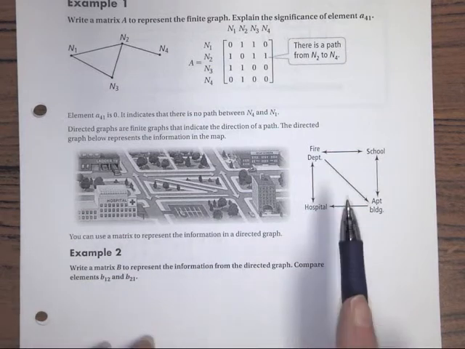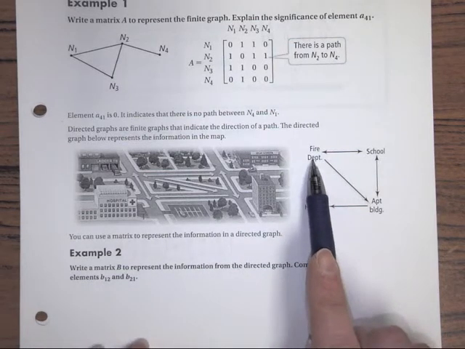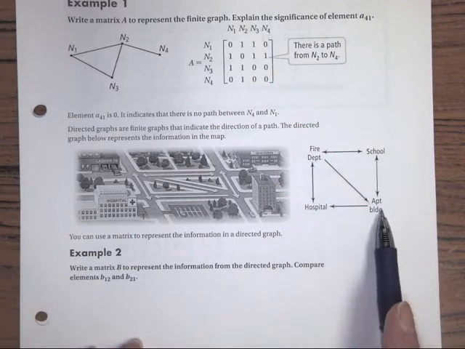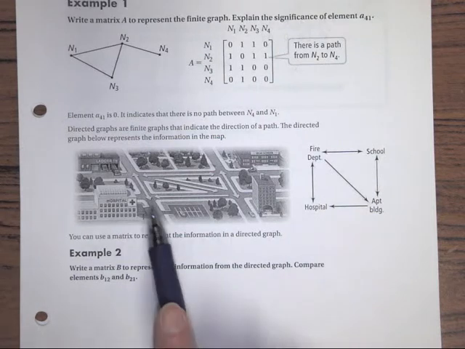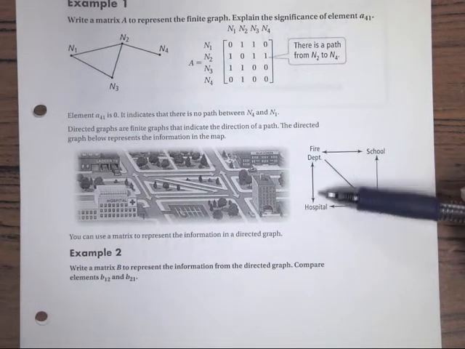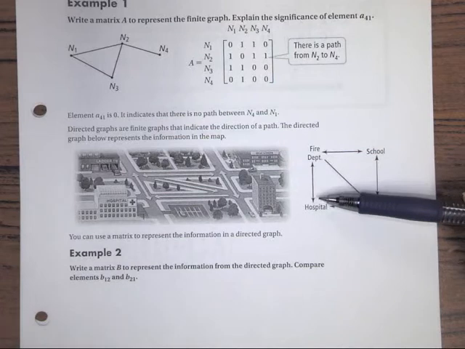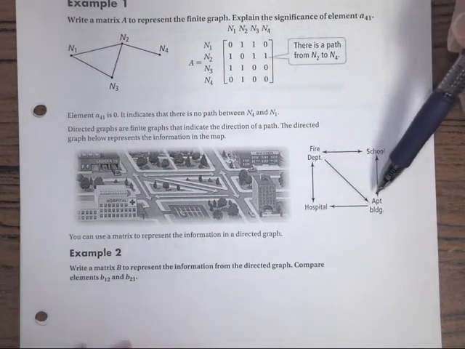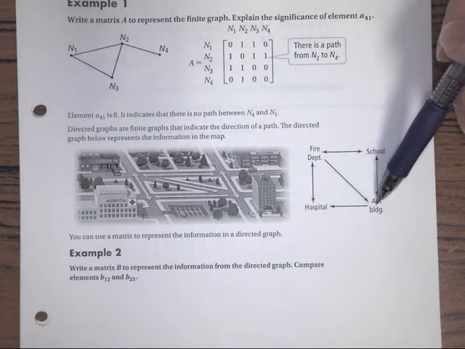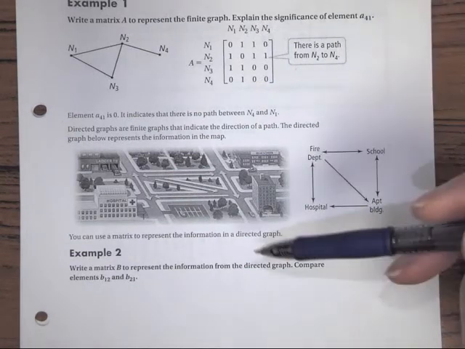Here are locations: a fire department, a school, an apartment building and a hospital. If you look at the roads, there's a two-way street between the fire department and the hospital, and a one-way street between the fire department and the apartment building. So different all over the place.